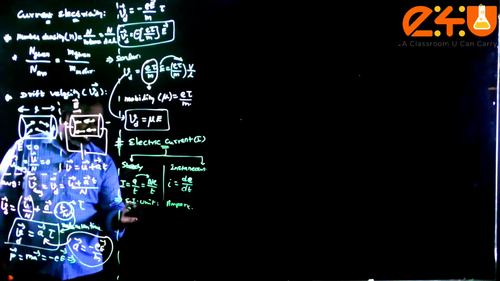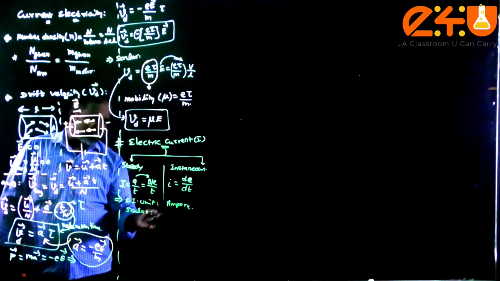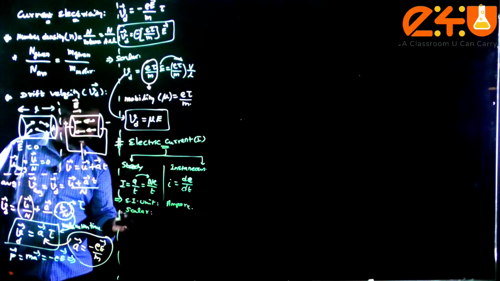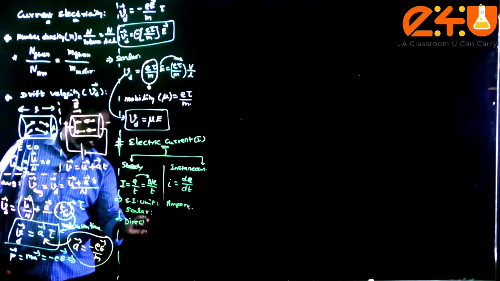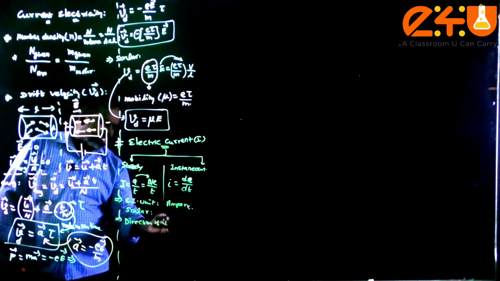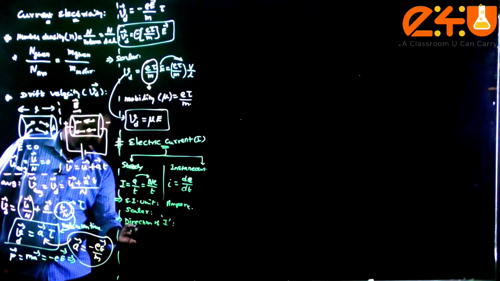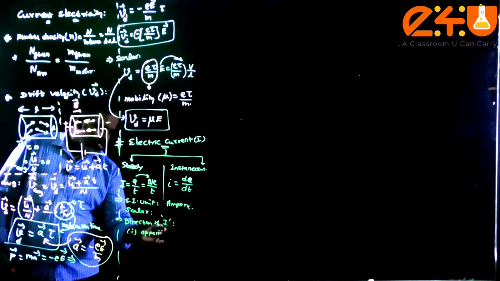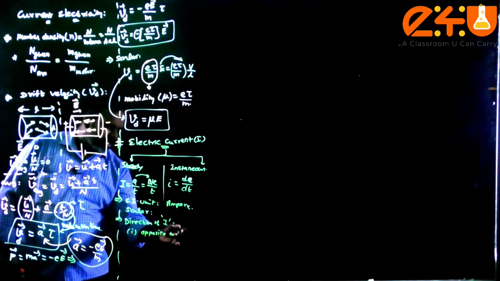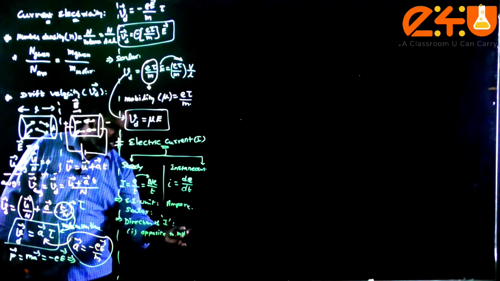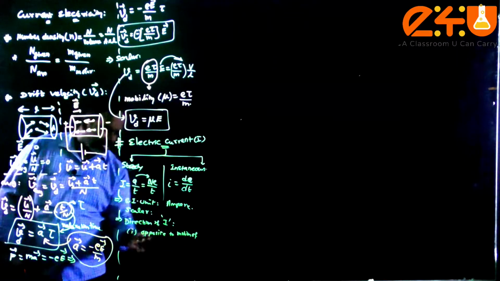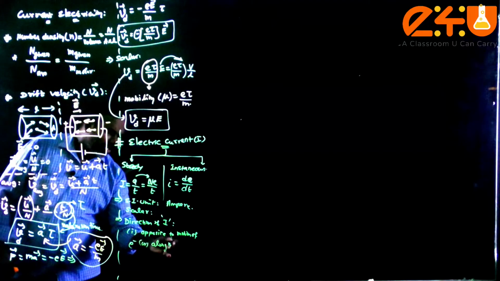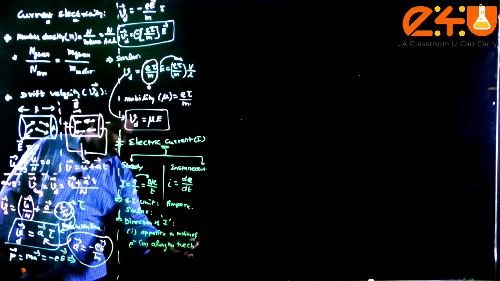It is a scalar quantity. Even though it is a scalar, we say that the direction of electric current is either opposite to the direction of motion of electrons, or along the positive charge direction.